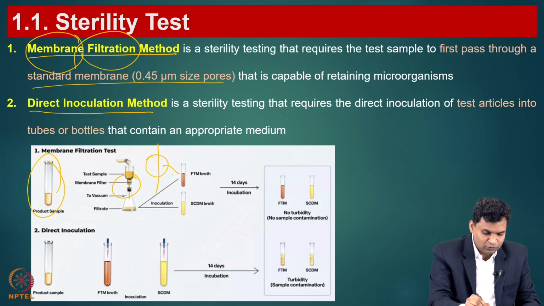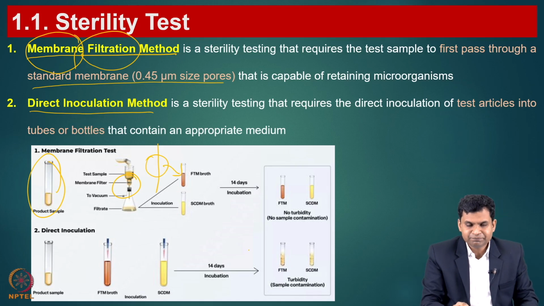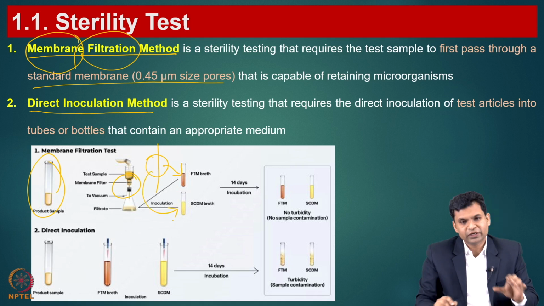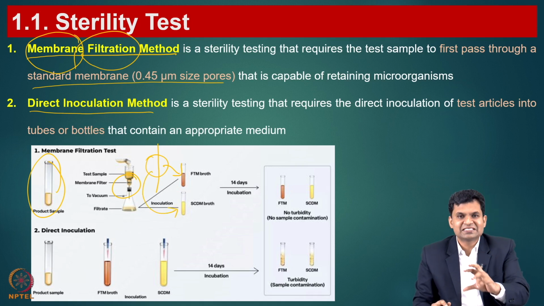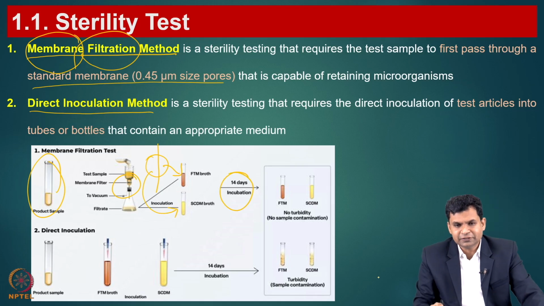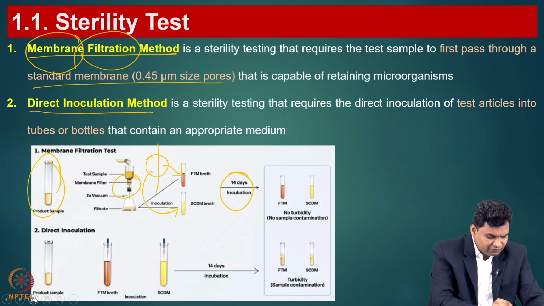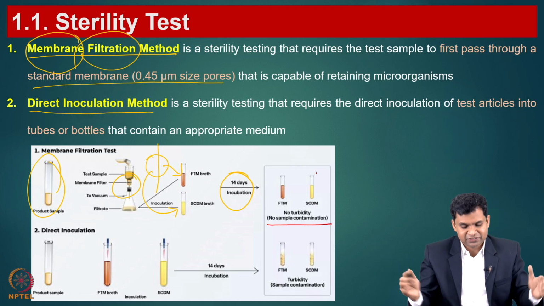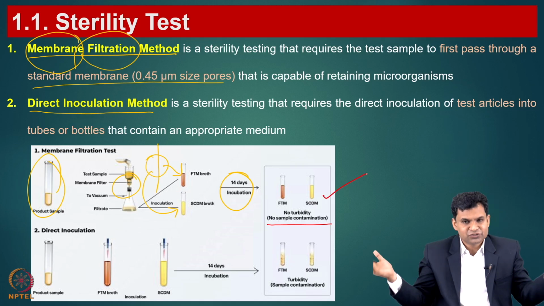One piece goes into the FTM medium, fluid thioglycolate medium, and the other piece goes into the soybean casein digest medium, and we keep them for 14 days of incubation. Here you can see no turbidity, no sample contamination. In both cases, if you do not see any contamination, that means your sample is sterile.